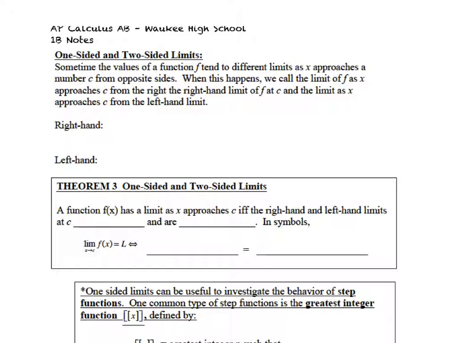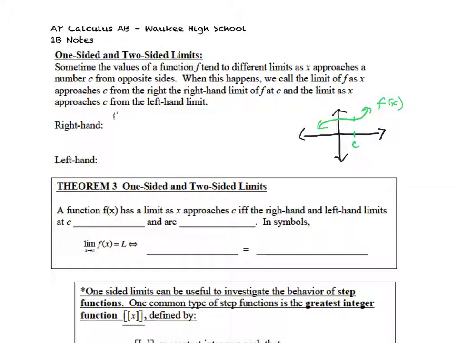So, a quick little tutorial on the notation here. When we talk about a function f of x, let me do a quick little sketch. Here's our graph of f of x, and we are going to approach c.